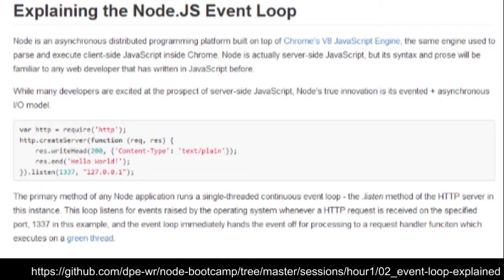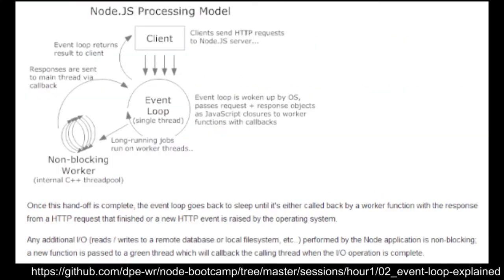And because Node is single-threaded, after you create the server, it'll start listening on that port, and that just starts executing and listening for different events that happen. And any request that comes into it will execute on what we call a green thread, which is basically a thread that executes on a virtual machine.